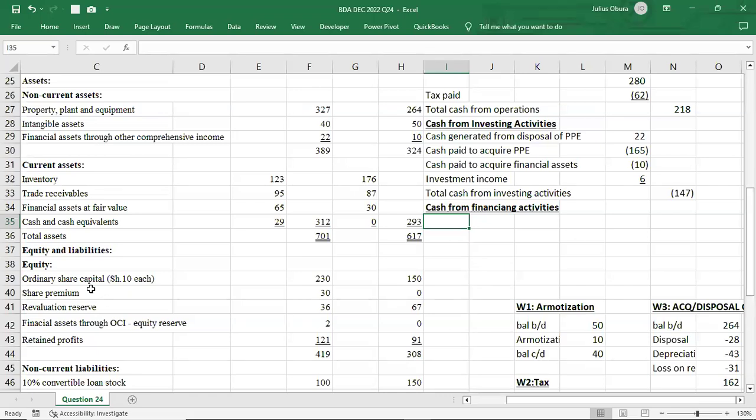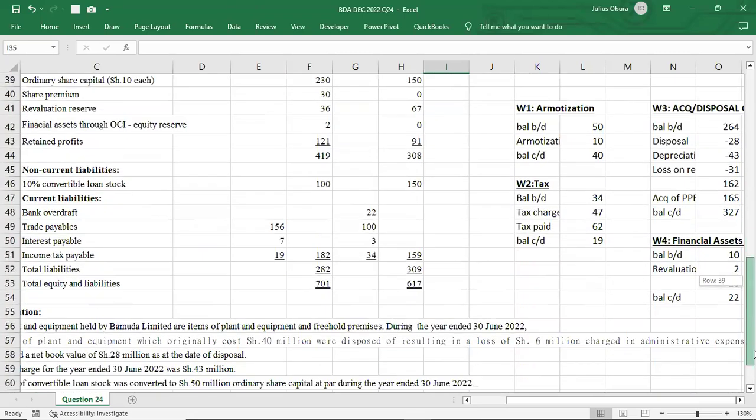So for our shares, we will check whether there was an issue of shares. So we have to calculate whether we had an issue of shares or not. So that will be our working 5.